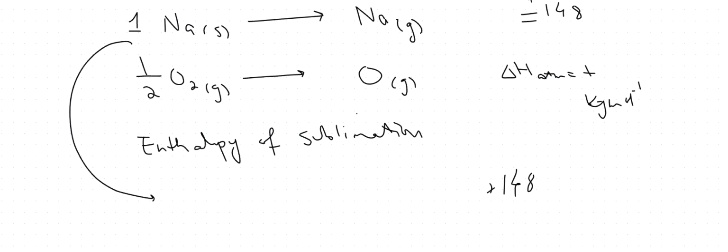Then the next one is bond dissociation enthalpy, or in short, we can name it bond energy. I think you must be familiar with this concept. Bond energy means the amount of energy that is needed to convert 1 mole of a covalent bond into its gaseous atoms, or maybe free radicals. Let's say that you have chlorine.